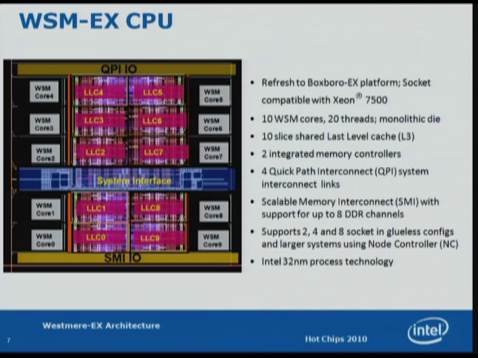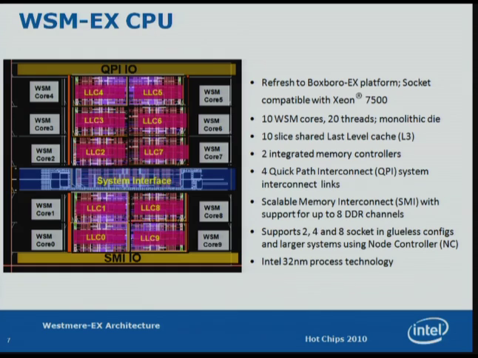The Westmere-EX CPU is a refresh to the Boxborough-EX platform. It is socket compatible with the Xeon 7500, and this is a CPU that was shipped, I think, sometime in March this year. The CPU instantiates 10 of the Westmere-EX converged cores. It is a monolithic die, and we have 20 threads supported. It has a distributed shared last level cache, 2 integrated memory controllers, 4 quick path interconnects.